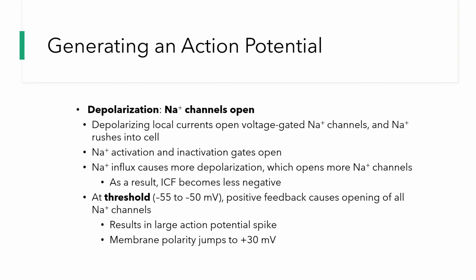When we get to the depolarization of about negative 55 to negative 50 millivolts, there's this positive feedback that causes the opening of all the sodium channels. Okay, and so this results in a large action potential that will spike, and the membrane potential polarity actually jumps to positive 30 millivolts. So it actually goes way positive. So there's a lot of positive going inside of the cell.